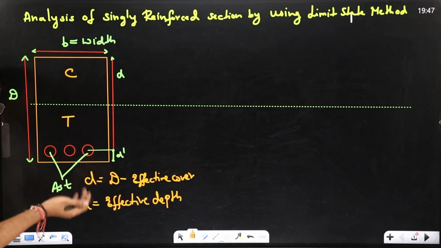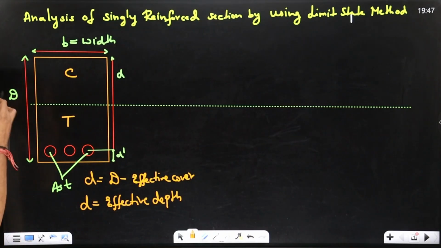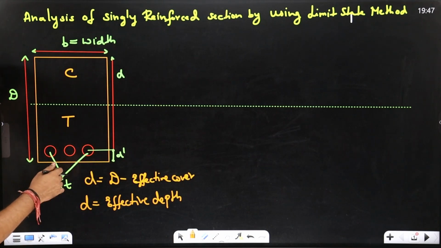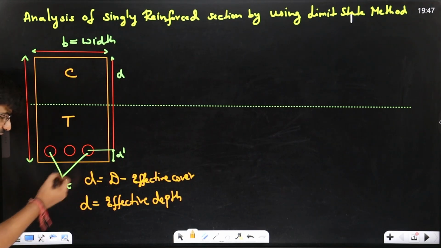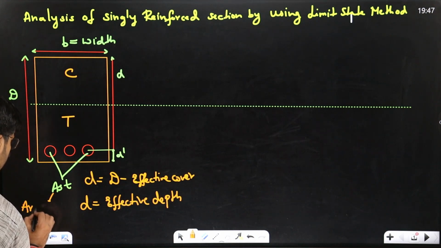When we calculate it, if you are taking a certain diameter like 20 mm, you take the area pi by 4 into 20 squared, and there are 3 bars here, you multiply it and you will get the area of steel. What is Ast? Area of steel.